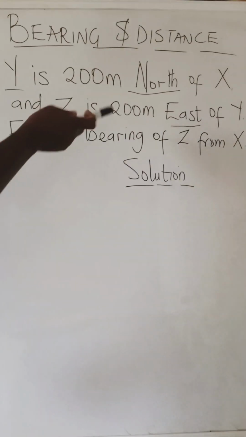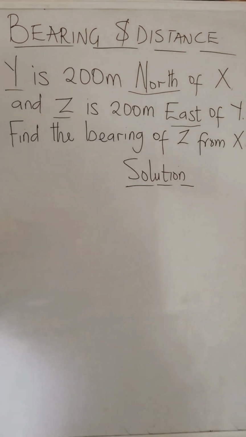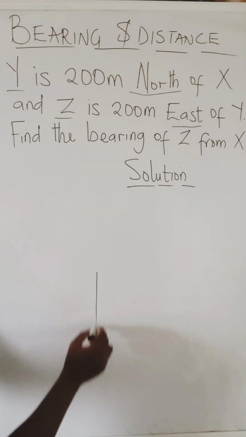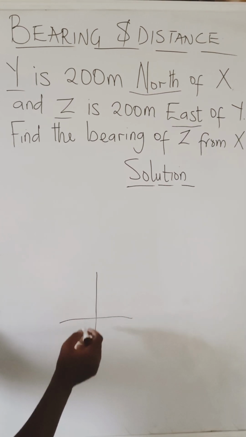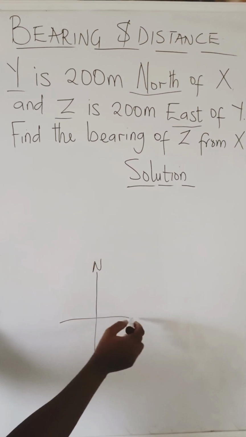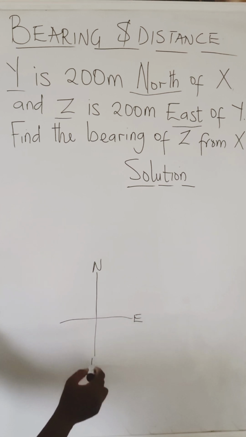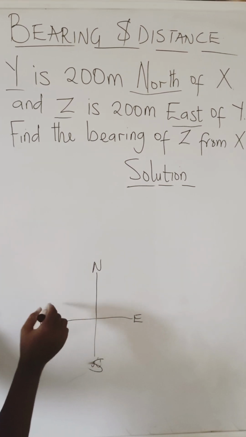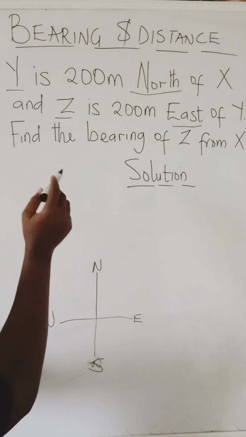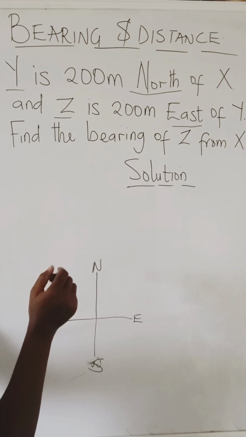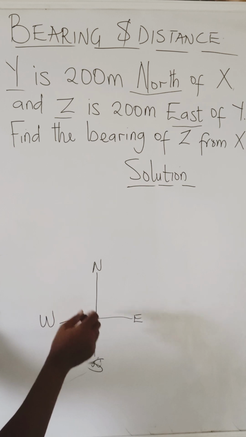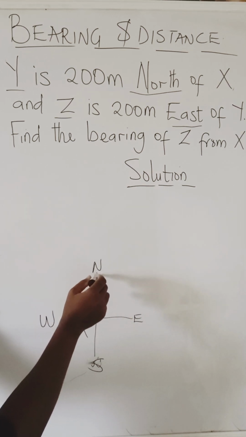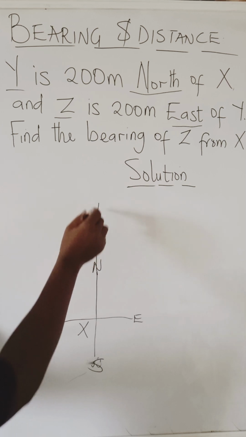Because we have north and east in the question, let us represent that by drawing our cardinal points. Upwards is north, this is east, this is west, and this is south. Now they are telling us that location Y is 200 meters north of X. So if this is our X and north is upward, our location Y is 200 meters north.